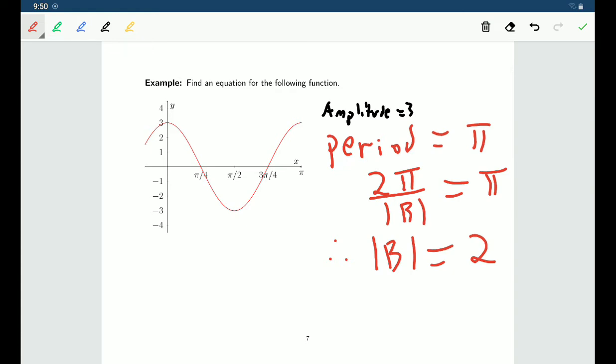You've compressed it by a factor of 2, and you flipped it in the y-axis, because of course, flipping something in the y-axis, if it's an even function, won't look any different. So I'm going to go with the positive version here and say that I'm going to use b being 2. So that means the equation that I would give would be that y is 3 times cos of 2x.